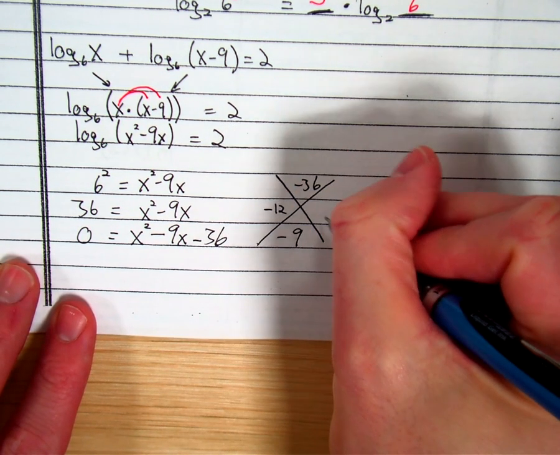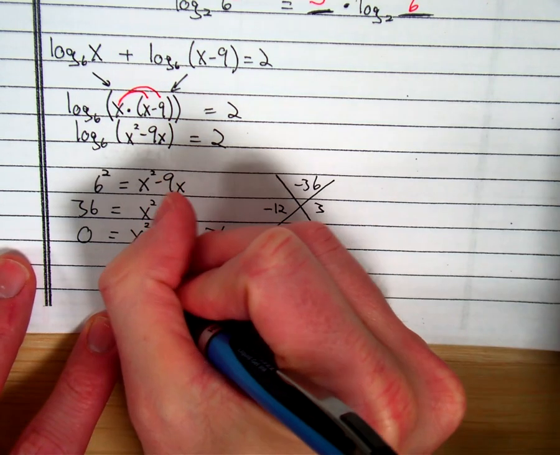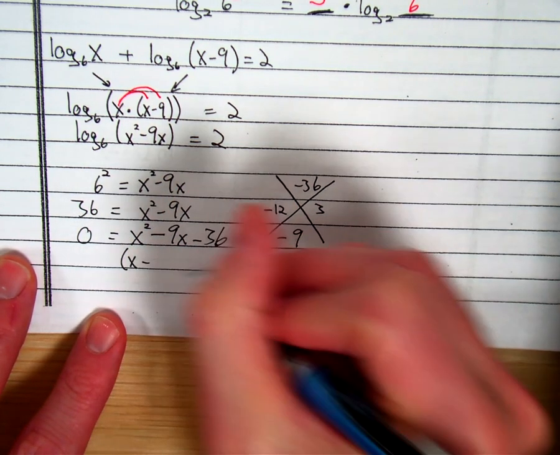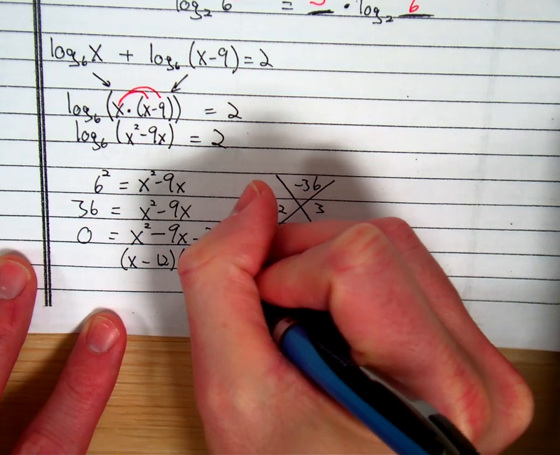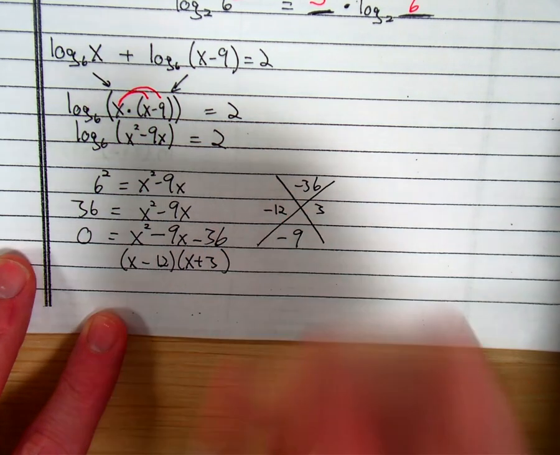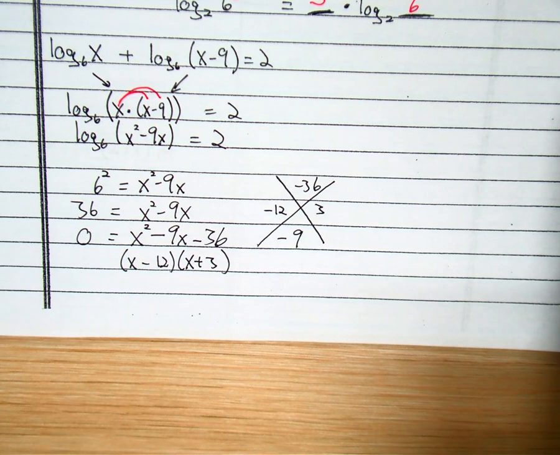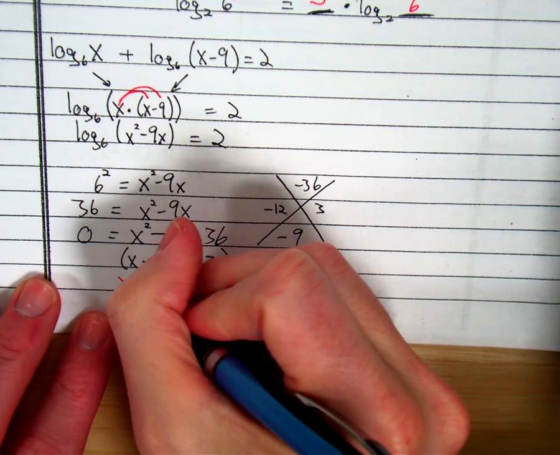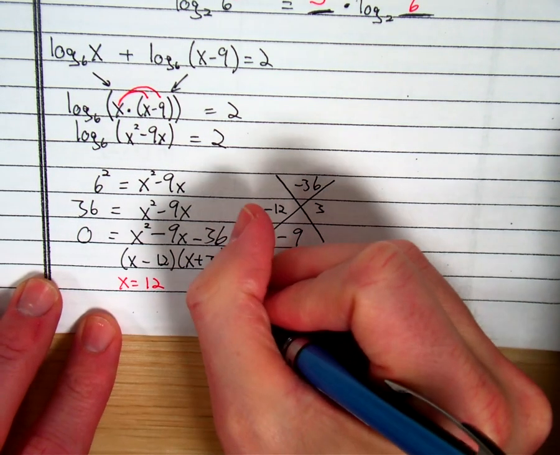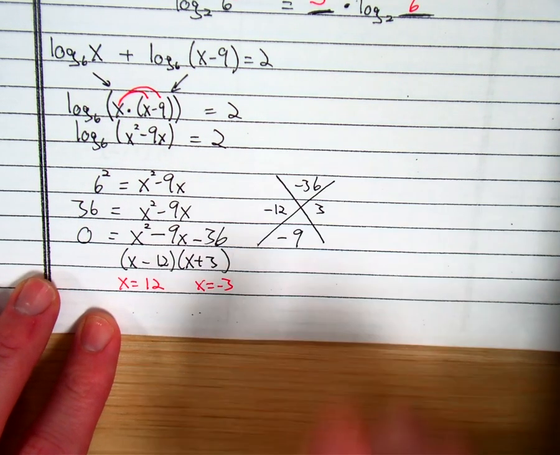Negative 12 and a positive 3. x minus 12, x plus 3. And that makes our answers positive 12 and negative 3.